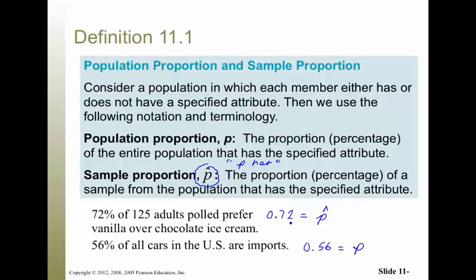We could keep taking polls of 125 people and we would get different values. So one of these is a fixed value and one of them is variable. P hat is variable, because you take a different sample of 125 and you get a different proportion. You get 0.71, then you get 0.74, then you get 0.68. So this is a variable.